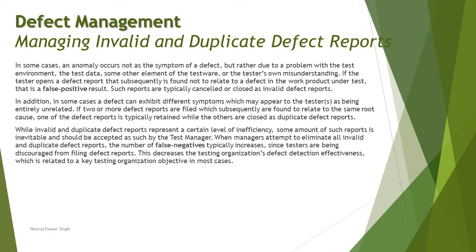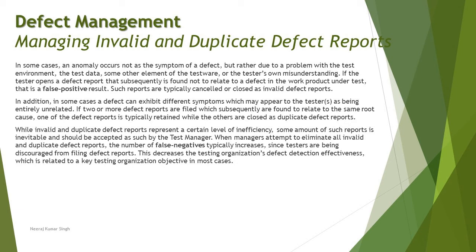Now, when managers attempt to eliminate all these invalid and duplicate defect reports, the number of false negatives typically increases, since testers are being discouraged from filing defect reports. Because most of their reports are being marked as invalid, they might feel discouraged or demotivated to raise a defect. Now, what exactly is a false negative? A false negative is a scenario where you don't seem to have a condition, but you really do.